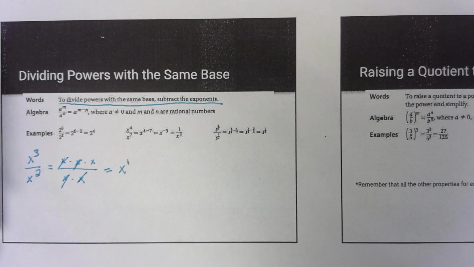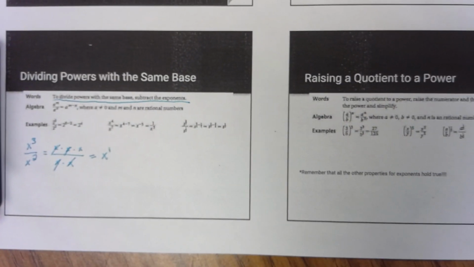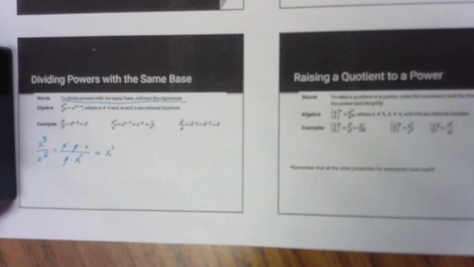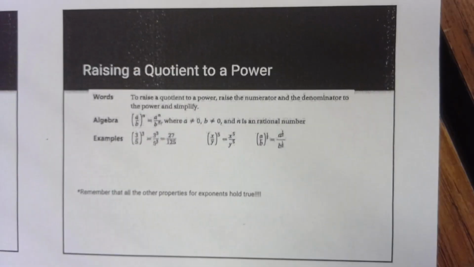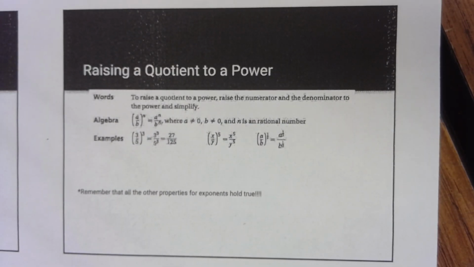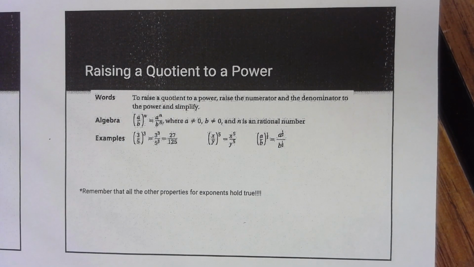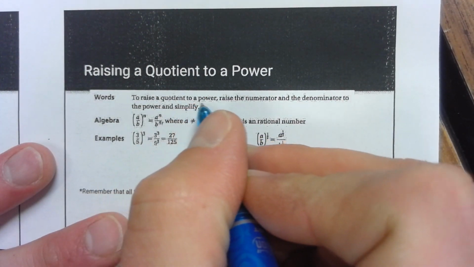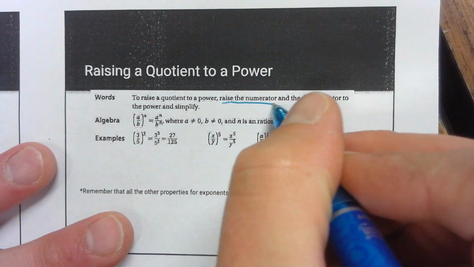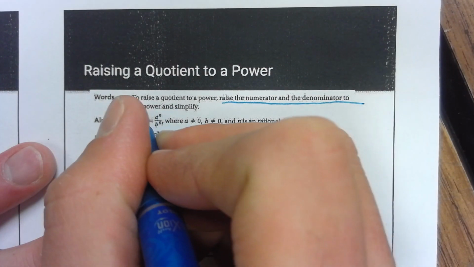Okay, and then the last property, and again, this is an extension from one we've already seen. It says raising a quotient to a power. A quotient is the result of a division problem. So the fact that we're just seeing quotient means that we have some division raised to an exponent. This time, to raise a quotient to a power, we're going to raise the numerator and denominator to the power and simplify.